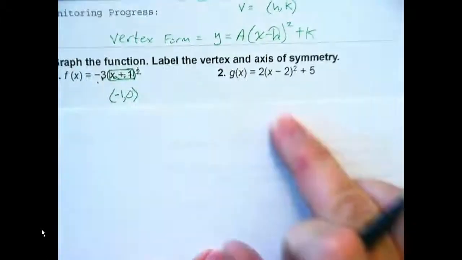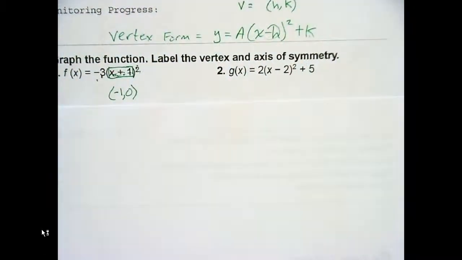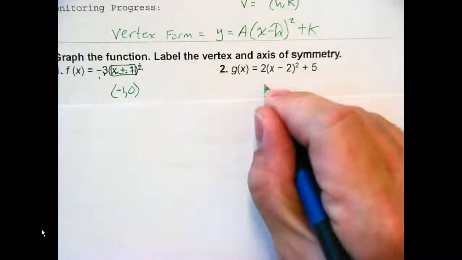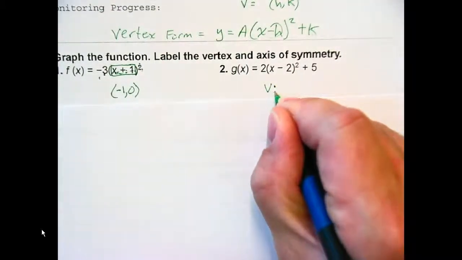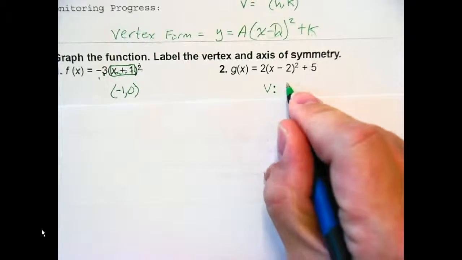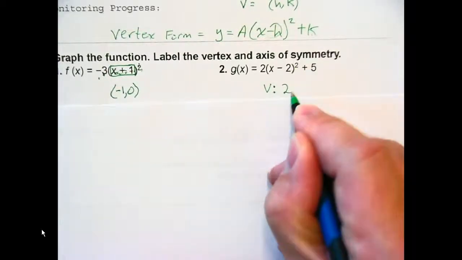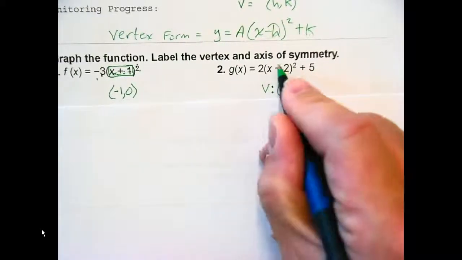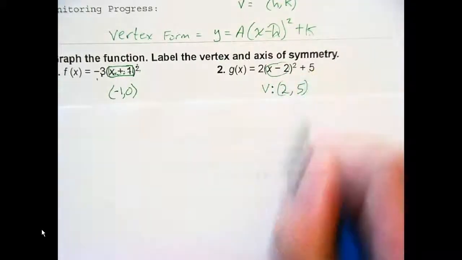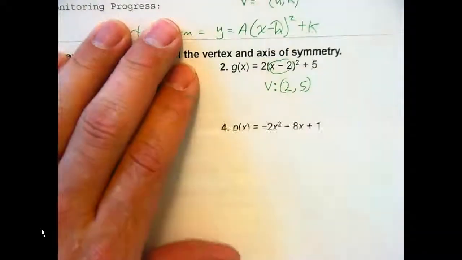Okay. Tell your neighbor your vertex for number 2. We're not going to graph it. Just tell them where the vertex is. Okay, vertex is at 2, 5. Yes, it's what makes this 0 for x, 2, and then we're adding 5. Now, axis of symmetry.